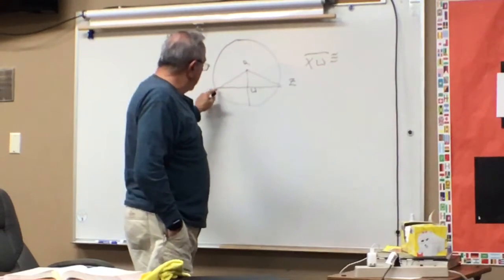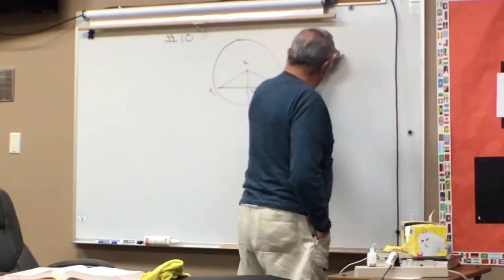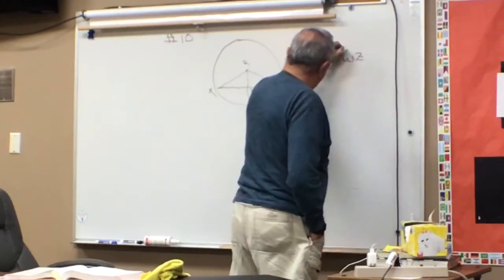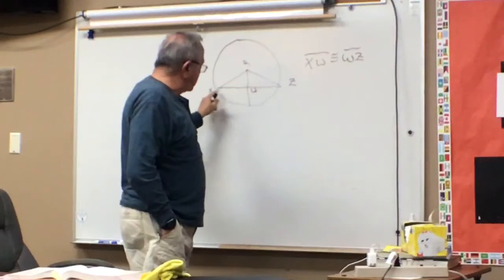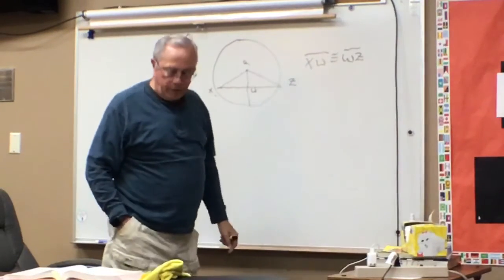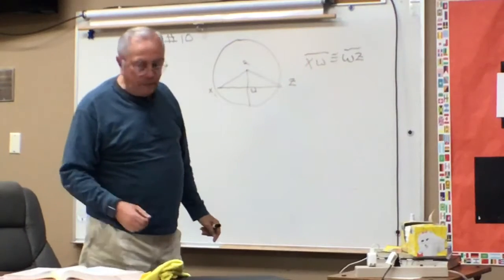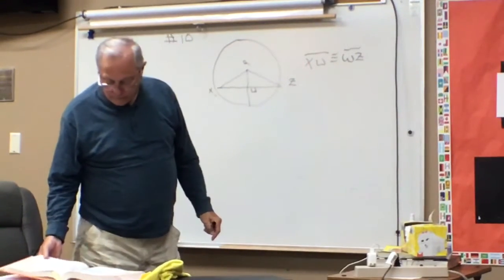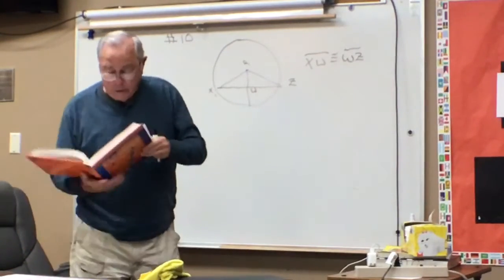So then XW has to be congruent to what? WZ. Again, this side is congruent to that side. So XW equals WZ. Let you look at that for a minute. Gee, wouldn't it be nice if your test was made up of those, huh?